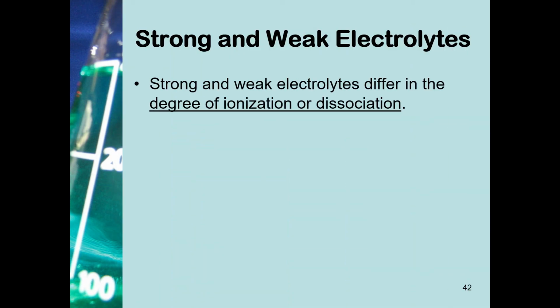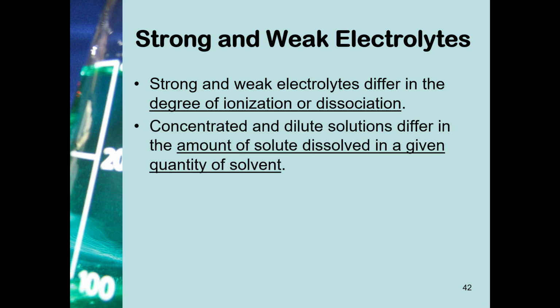So strong and weak electrolytes differ in the degree of ionization or dissociation. Now we're going back to a broader view of all electrolytes, those substances that had formula units that broke apart into ions because they already existed as ions, or molecules that have become ionized. Concentrated and dilute solutions differ in the amount of solute dissolved in a given quantity of solution.